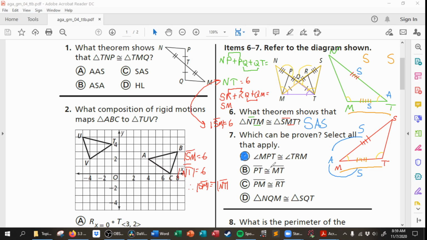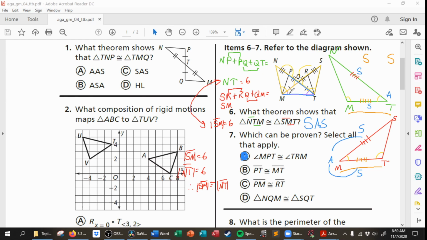Actually, let me get rid of my circles so we're not too cluttered. Line segment PT is congruent to line segment MT. PT, MT. Nope, we have nothing there to say that that's the case. This is not given as an isosceles.